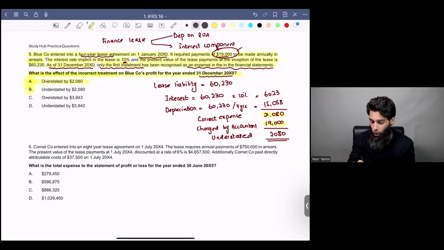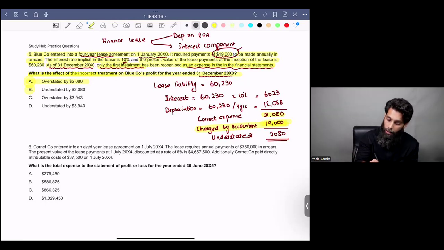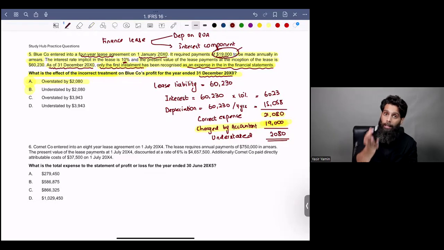Just assume that if we prepare our P&L according to what our accountant did, charging only 19,000 into the financial statements, profit for the year ended 31st December X0 would have been overstated.